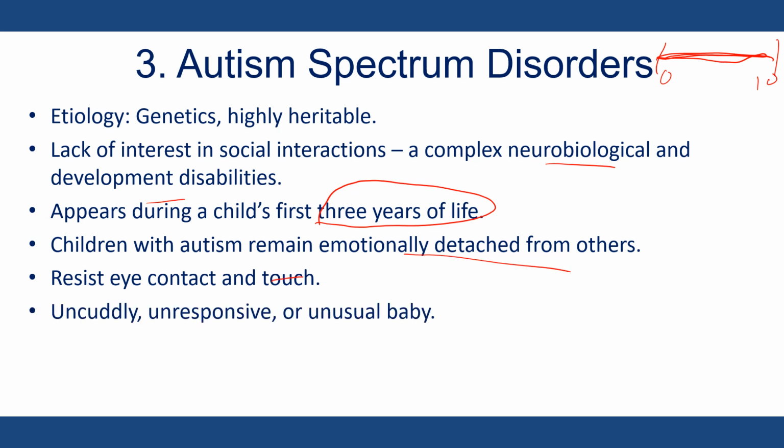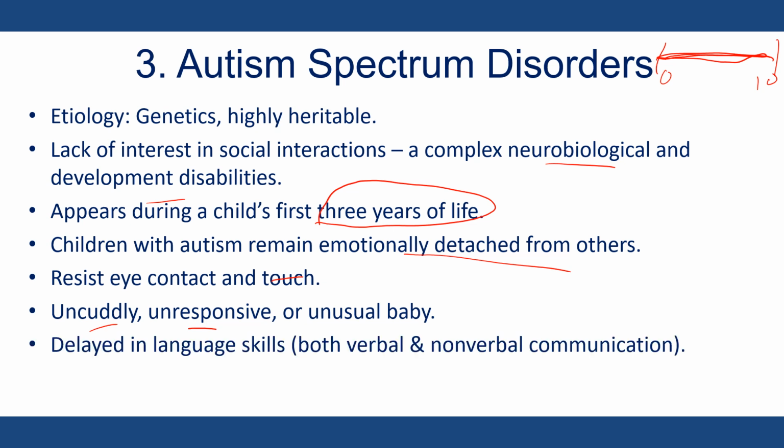Sometimes if parents have multiple children, they will describe this child as being very unique or unusual. They'll say my other three kids were not like that. They will describe this child as uncuddly, unresponsive, or an unusual baby. And there's a delay in language skills, both verbal and nonverbal communication.